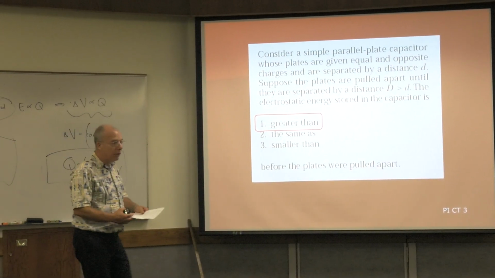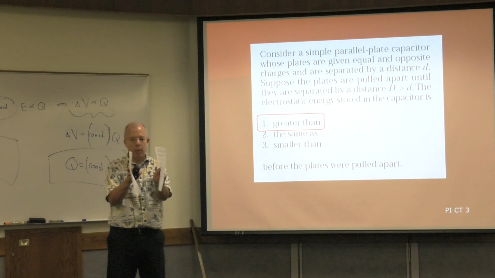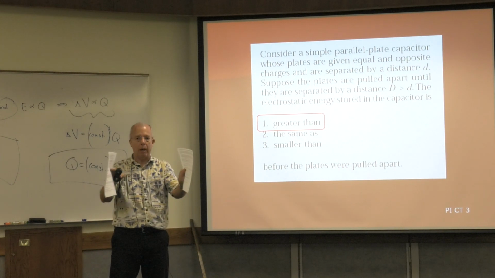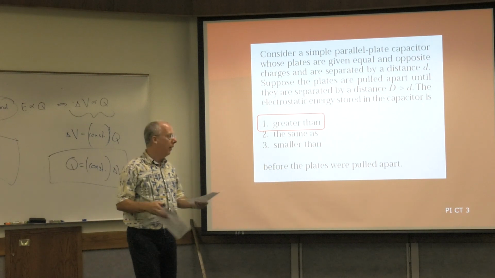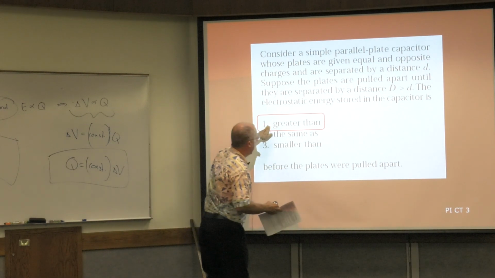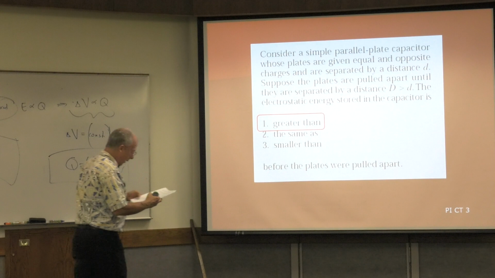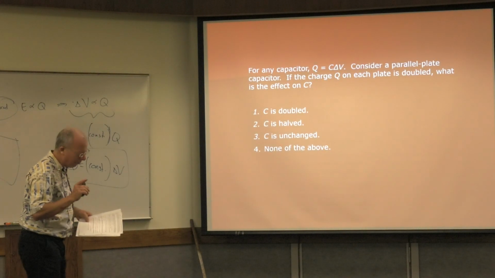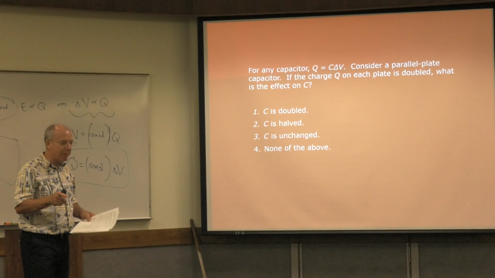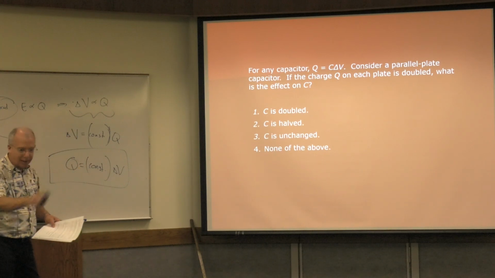It's like lifting weights. The plus and the minus want to be together, but we're pulling them apart, putting them in a situation where they don't want to be. So you're increasing the electrostatic potential energy. Remember, these questions are sometimes designed to trick you, so you've got to be careful.